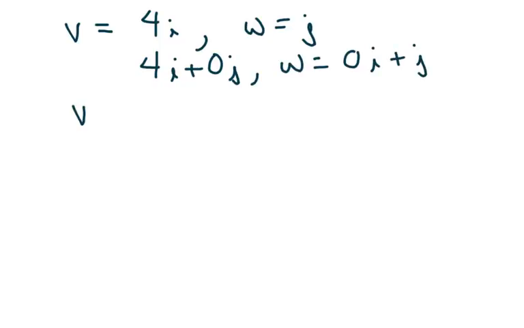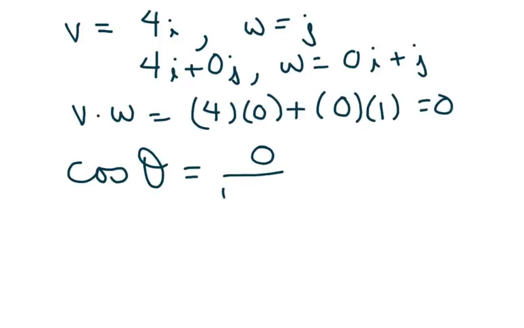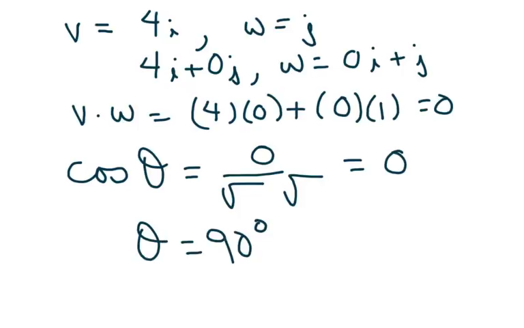And then we do the dot product, and we get 4 times 0 plus 0 times 1. That equals 0. And then when we find the angle between them, we're going to have 0 over something, these square roots, and that's all going to equal 0. So that means my angle equals 90 degrees, and that means they're orthogonal.